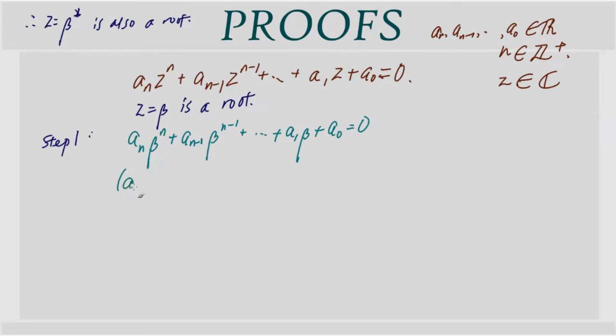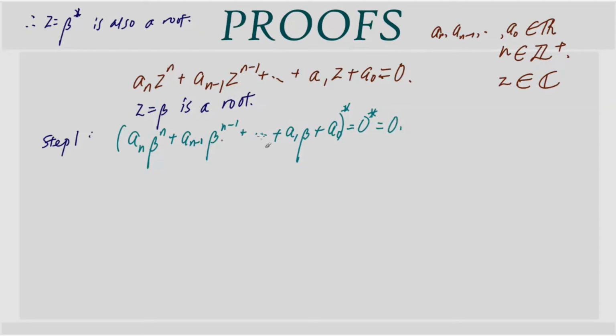Left hand side, let's just bracket over here. Conjugate, 0 conjugate. But the conjugate of 0, because 0 is equal to 0 plus 0i, the conjugate is 0 minus 0i. So essentially it's equal to 0.